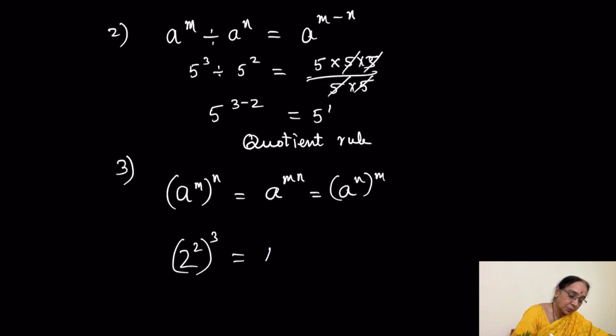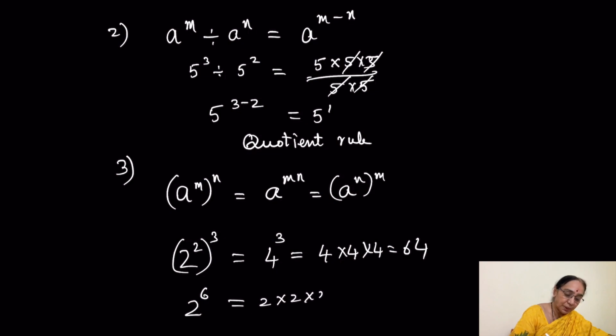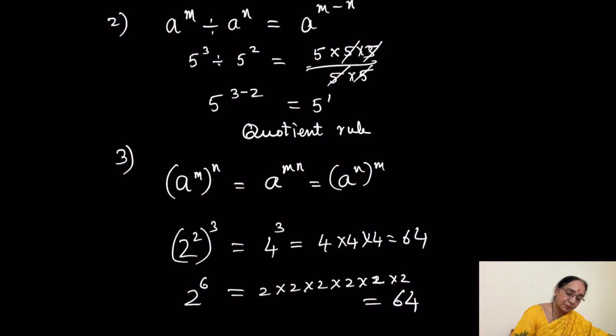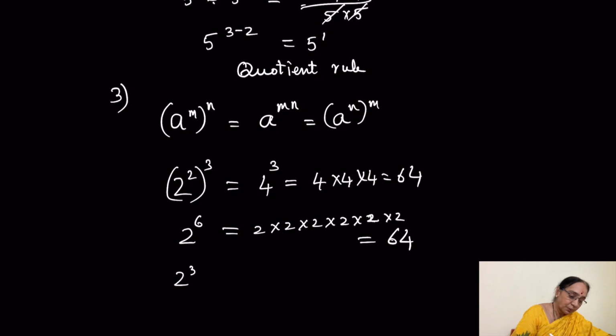Now 2 raised to 2 is 4. I do what is inside the brackets first, and which is raised to 3. So 4 times 4 times 4, which is 64. Now I'm going to do m into n. 2 times 3, 6. So what is 2 raised to 6? 2 multiplied by 2 multiplied by 2, 6 times, and that also gives me 64. Now what about 2 raised to 3 raised to 2?